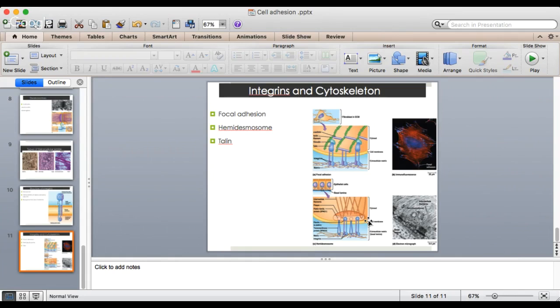Moving on to part C, which is the hemidesmosome. These are epithelial cells that attach to the basal lamina.